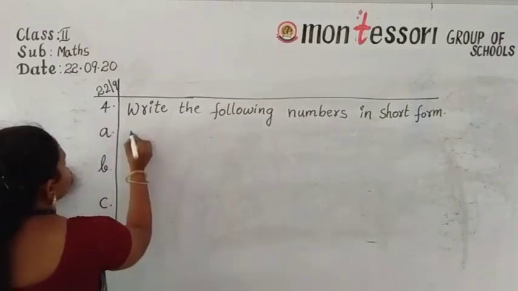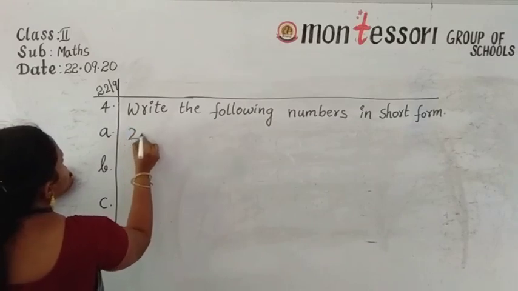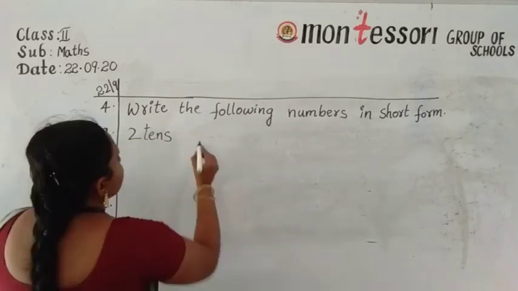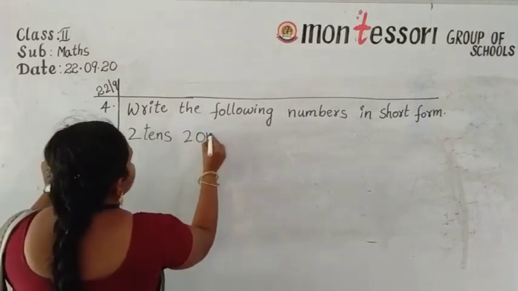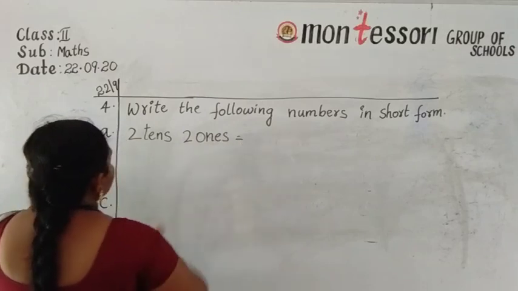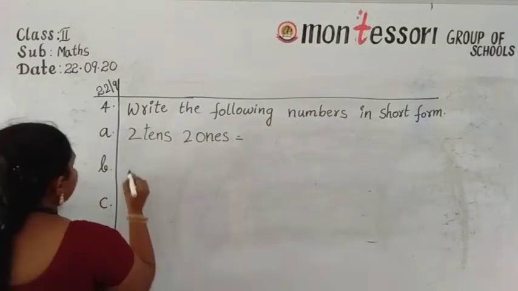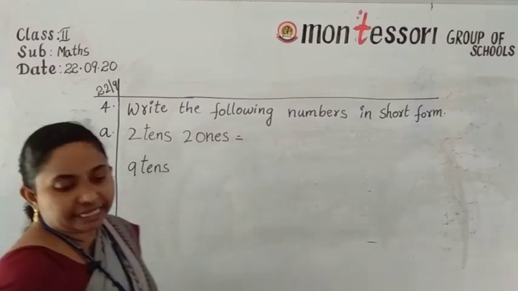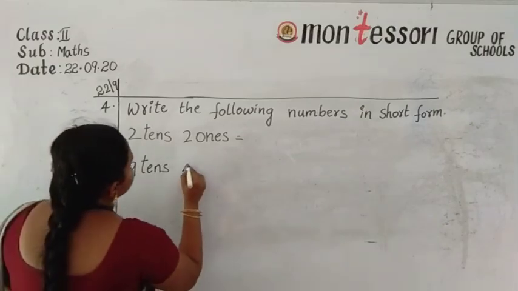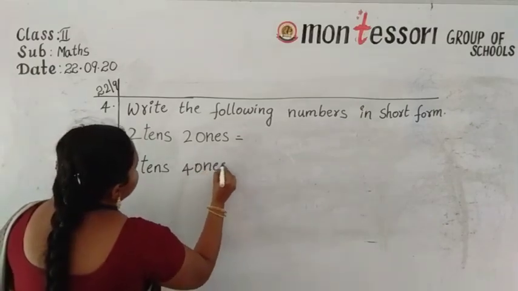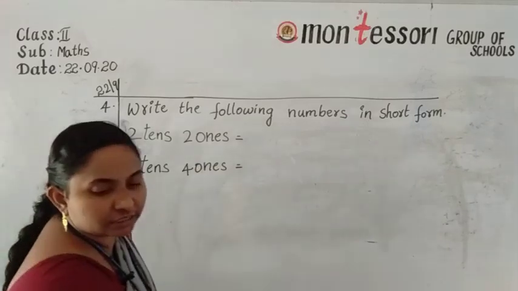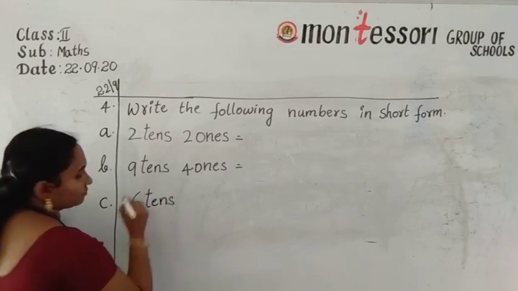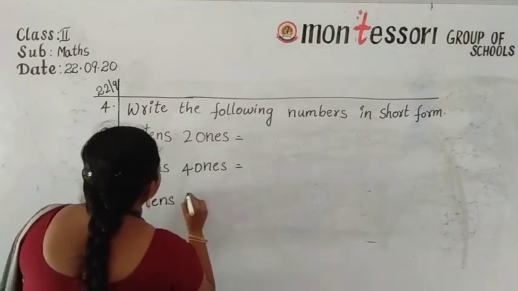Here the first problem is 2 tens, 2 ones, and B bit, 9 tens, 4 ones, and C bit, 6 tens, 0 ones.